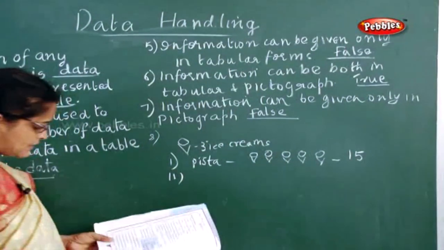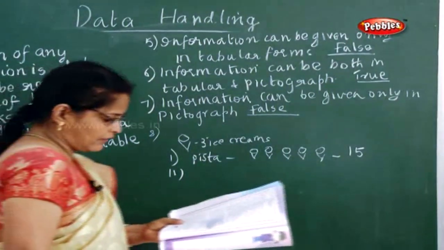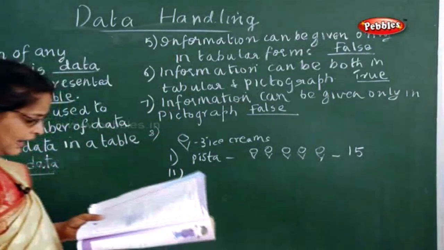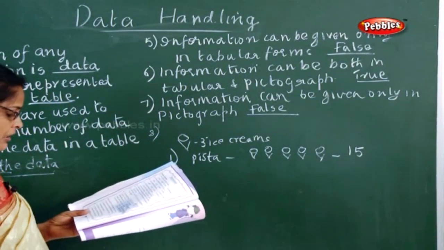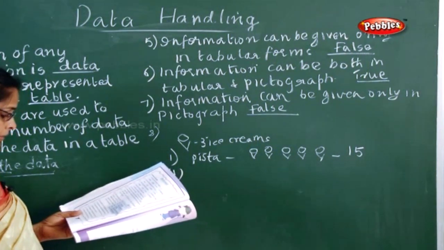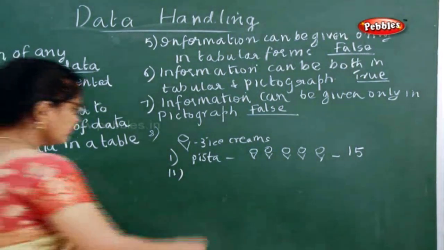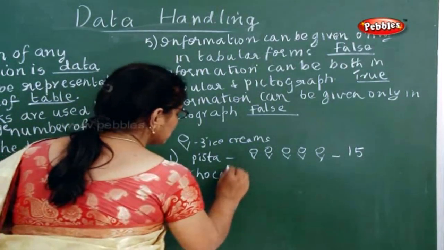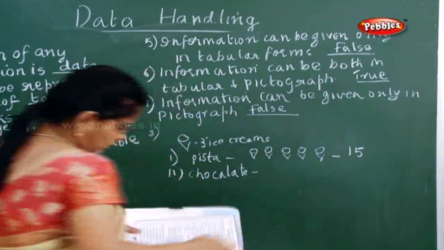Now what is the second question they have given? Chocolate flavored ice cream was dash than that of strawberry ice cream. So how much was the chocolate there?